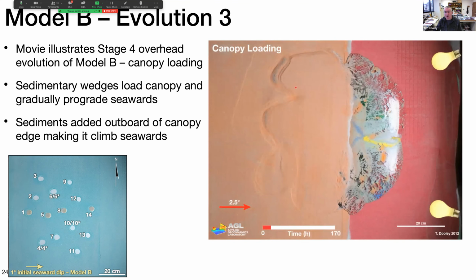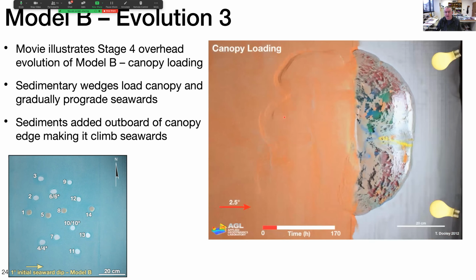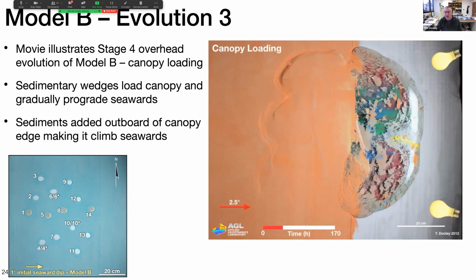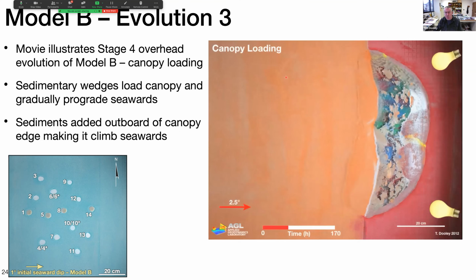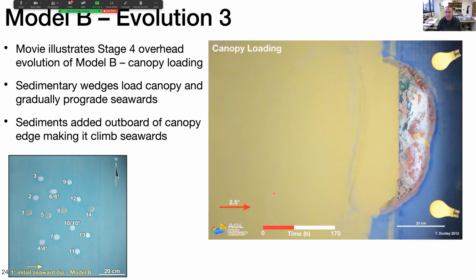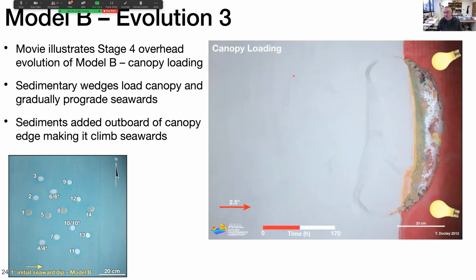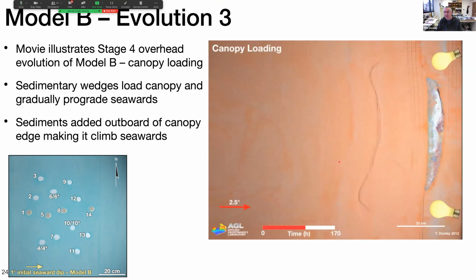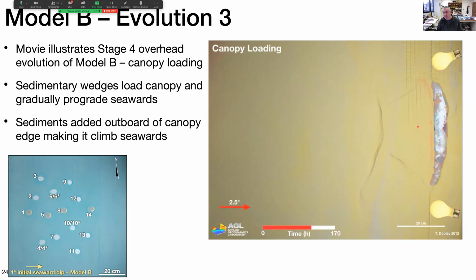So we're just prograding out here. We're forming extensional mini basins in some of these areas, and then everything begins to seal off here, and everything moves outboard. All that salt which was in here has now been expelled upwards and outboard.